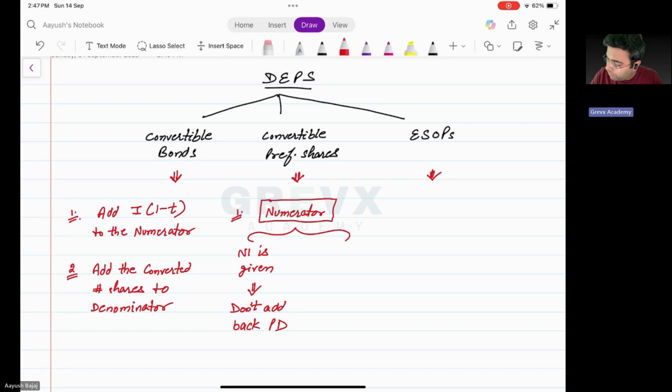If net income to common shareholders or common stockholders is given, in that case you are going to add back the preference dividend.